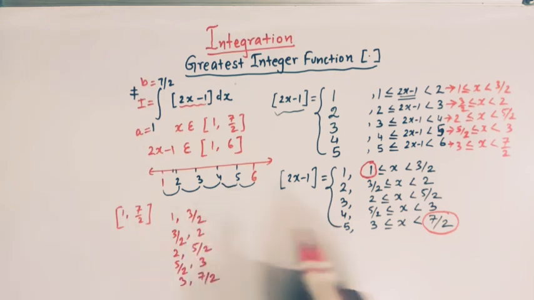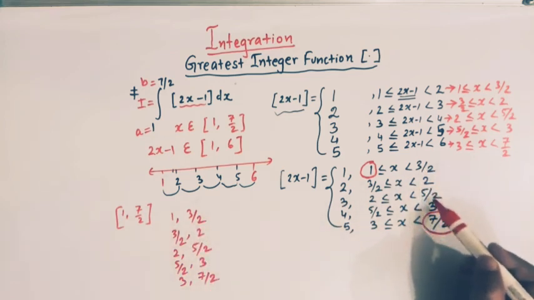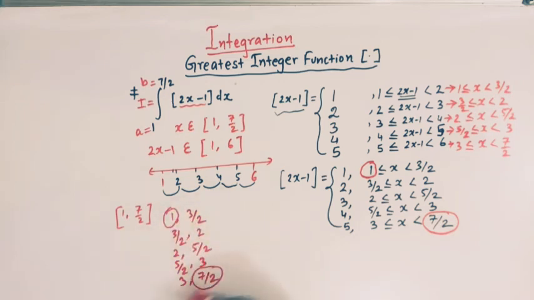So we have now 5 integrals, 1, 2, 3, 4 and 5, that is from 1 to 7 by 2.